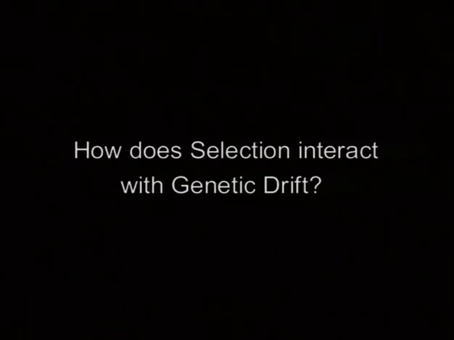How does selection interact with genetic drift? When the population size is small, drift is powerful. This means that even if a gene is favoured by selection, drift may overpower the force of selection, and a mutant that arises which is advantageous may be driven to extinction by drift.